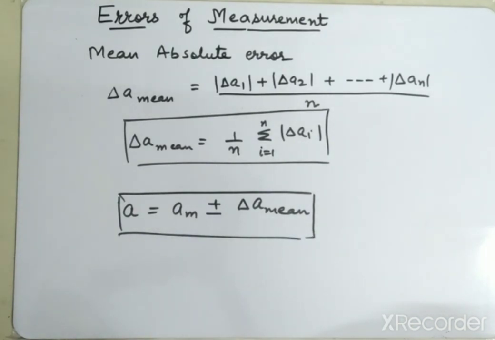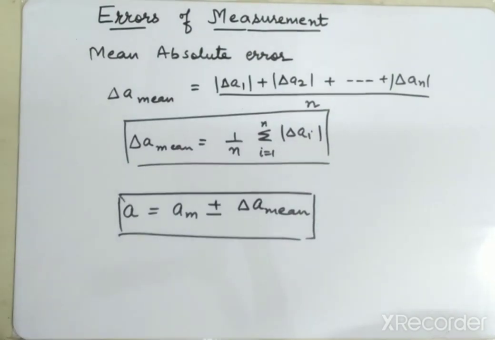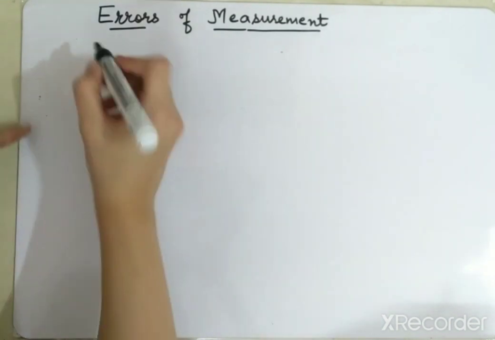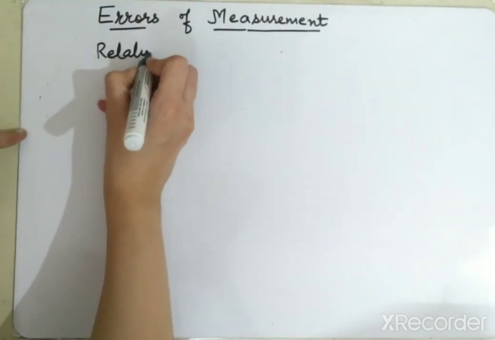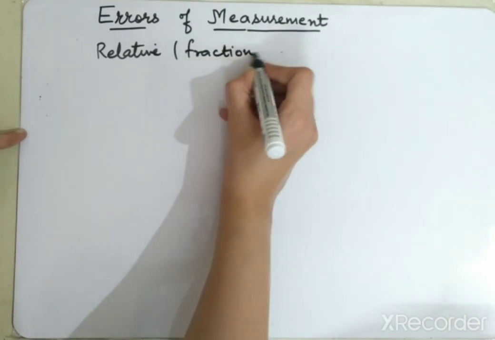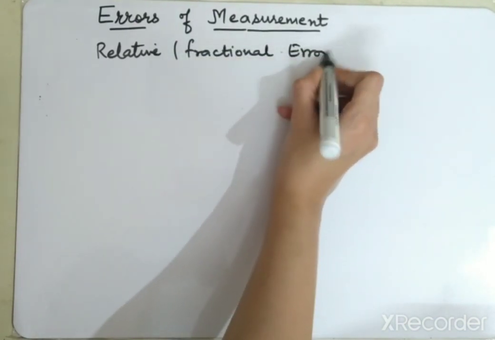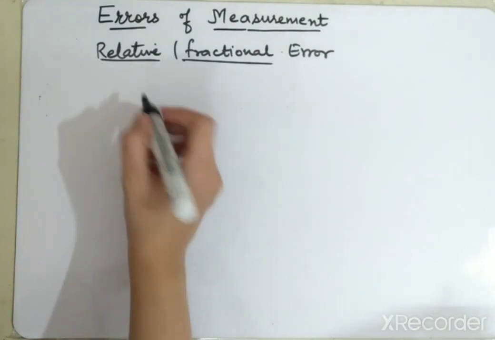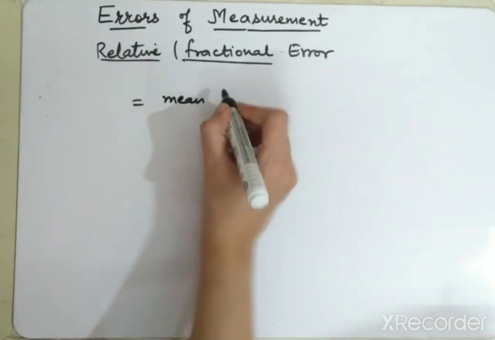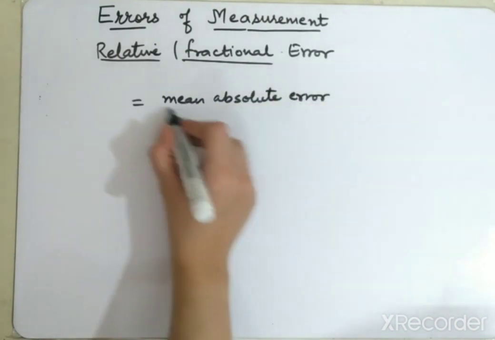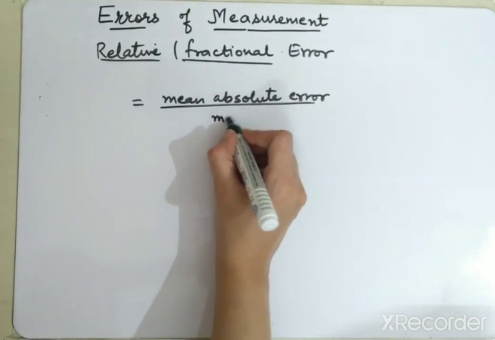Now let us calculate relative error, or fractional error. This is defined as the ratio of mean absolute error and the mean value.